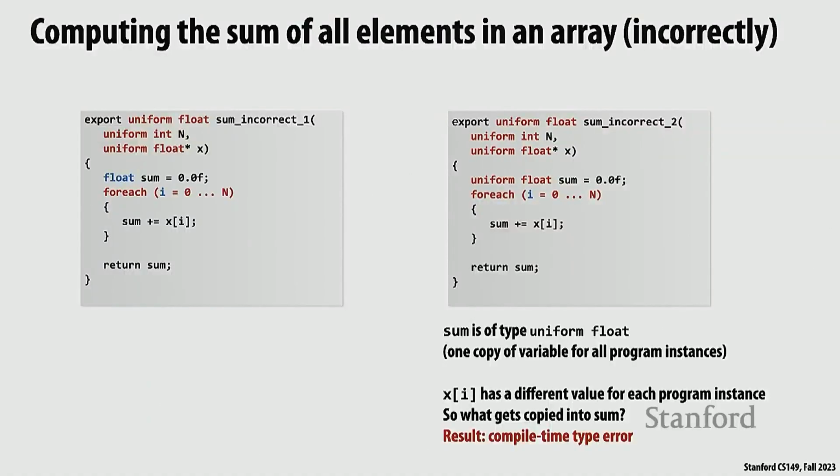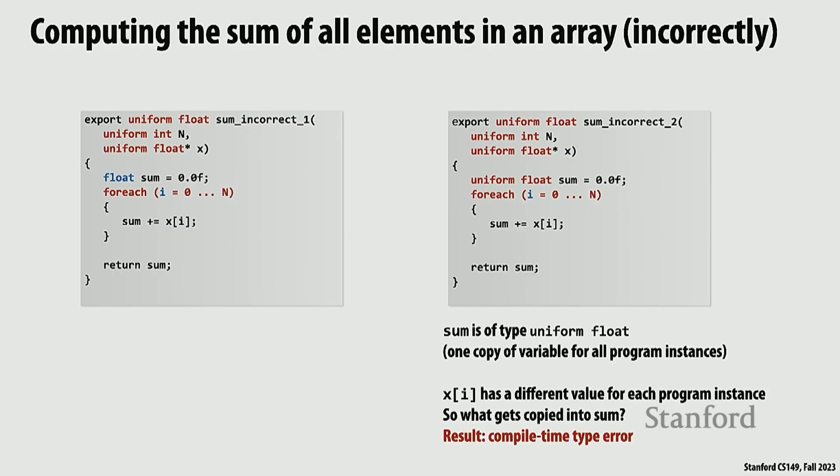For every element in the array, independently, please add into the variable sum, which is a per program instance variable, and then return sum. So first of all, this is actually not going to compile. Can you tell me why it will not compile? If I'm running 8 program instances and they all return sum, that doesn't make any sense because the caller is expecting one return value.